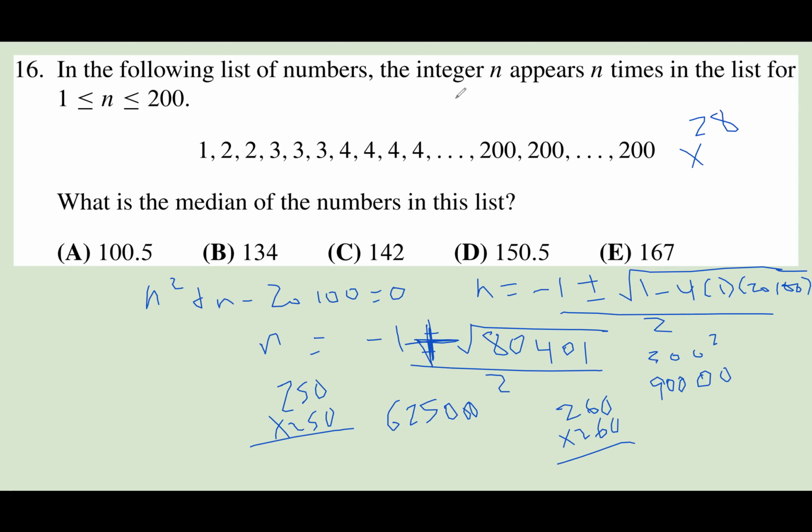What's 28 times 28? So 28 times 28 is 784. 29 times 29 is 841. So it's between 280 and 290.